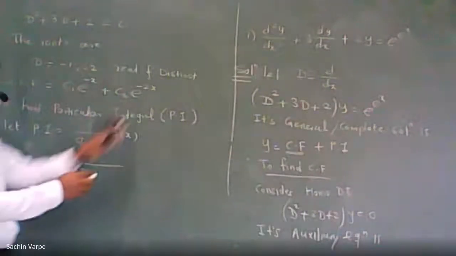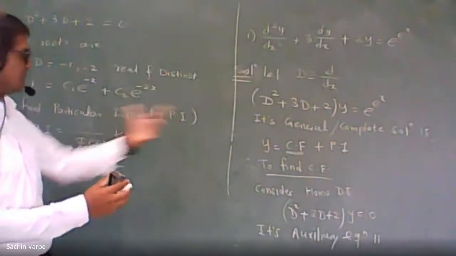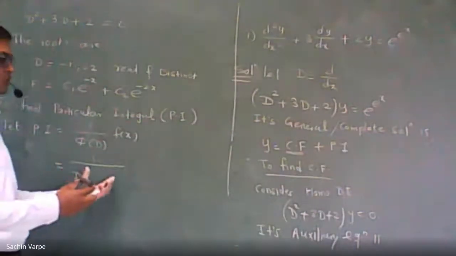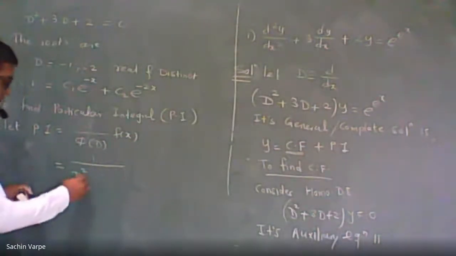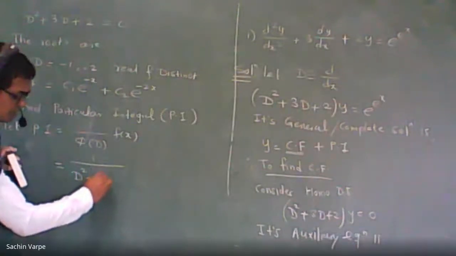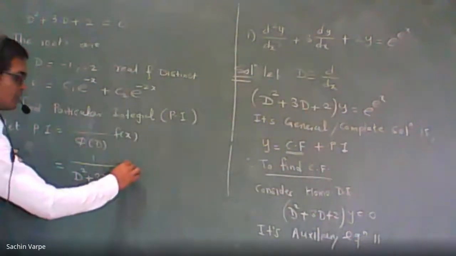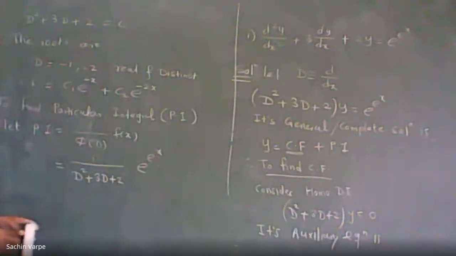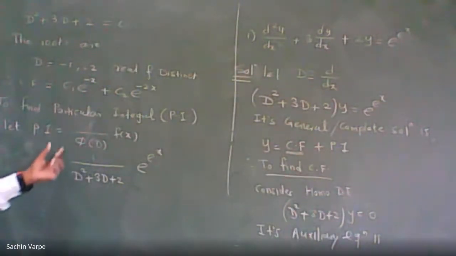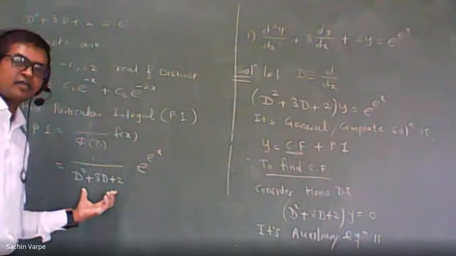Let me write first of all what is given in the question, and then we'll write it in factored form, because to use the general method we need factored form, right? So D square plus 3D plus 2 into f of x. Here f of x is e to the power x. But as we know the general method is based on the factors, let us write phi of D in its factored form.